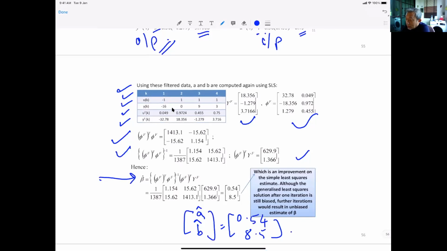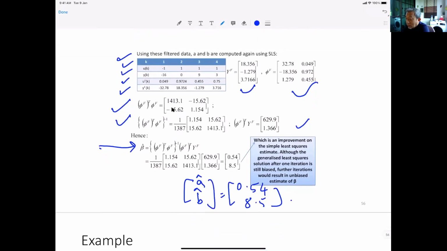Although the generalized least square solution after one iteration is still biased, further iteration would be unbiased when we estimate the beta.